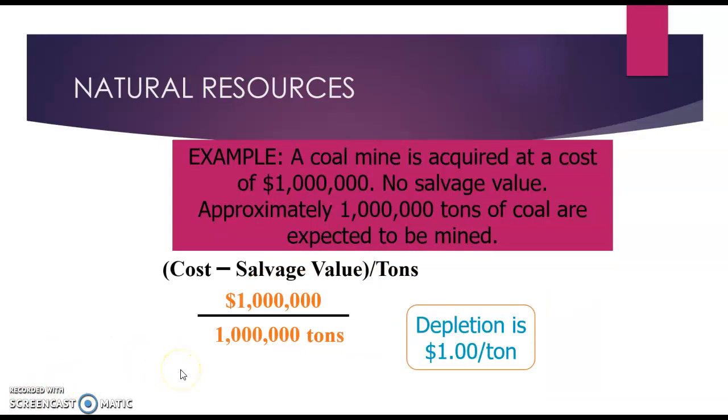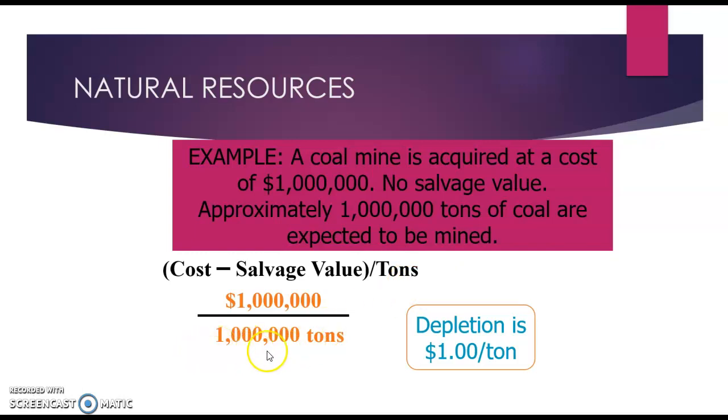So we're going to use just a formula that is similar to units of production. So we take our cost minus our salvage value as being our numerator, just like straight line. And then we're going to divide it by the units that we expect to extract from that land.